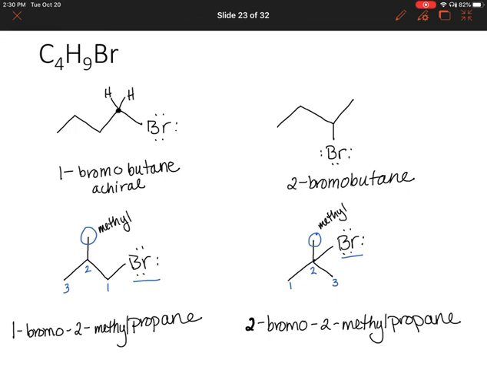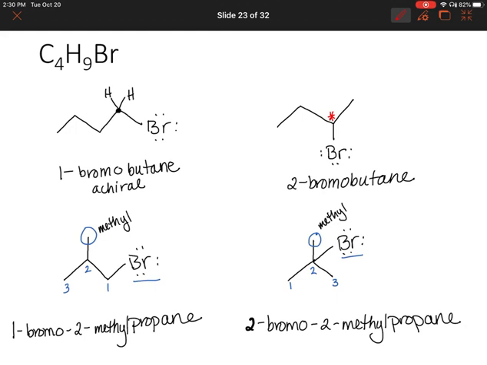Okay, what about 2-bromobutane? Does that have any stereocenters? Yes. The carbon bonded to bromine is bonded to 4 different groups. There's an ethyl group on the left, a methyl group on the right, a bromine, and then a hydrogen that's kind of hiding back there.